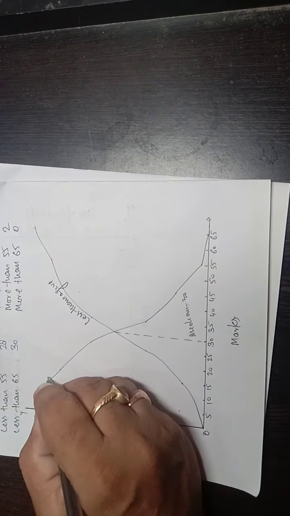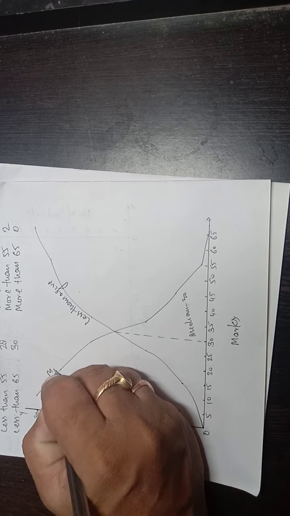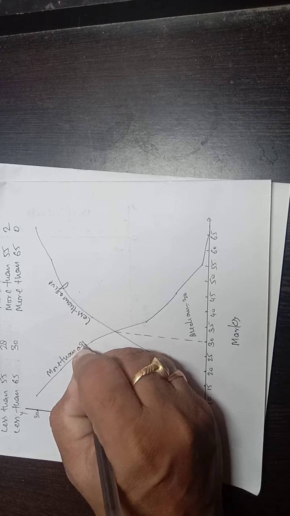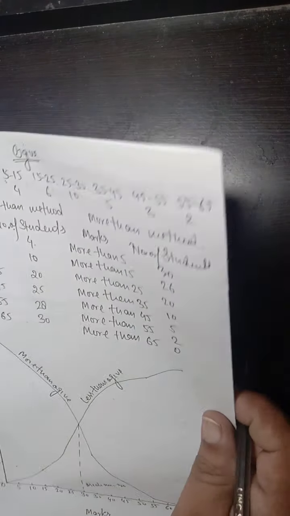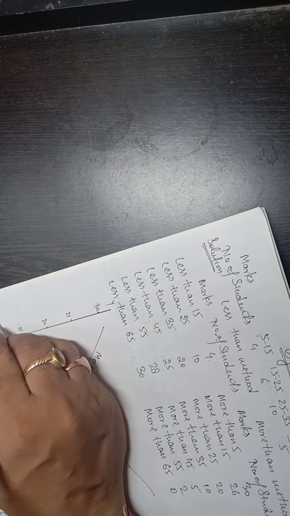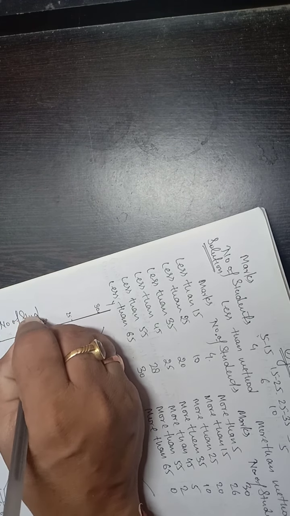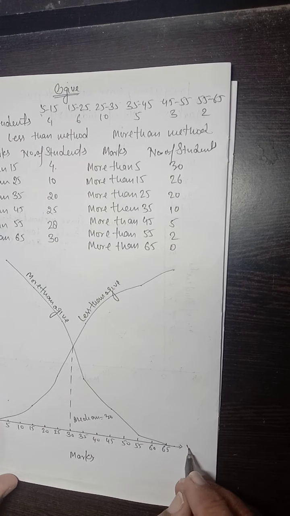and this side more than. Labeling is very important. One more thing left here, number of students, OY.